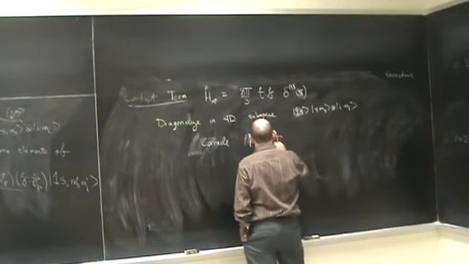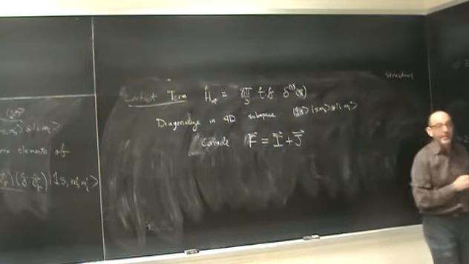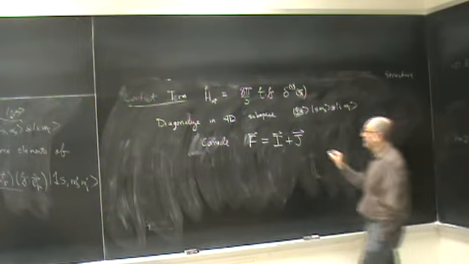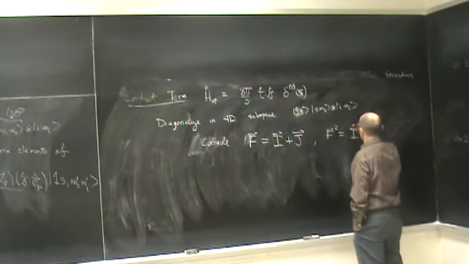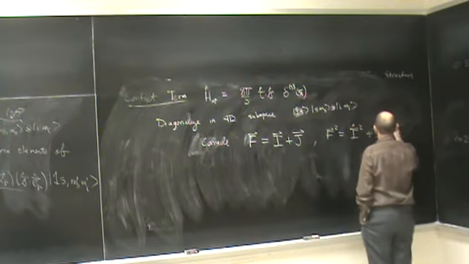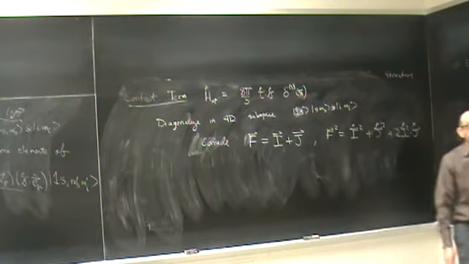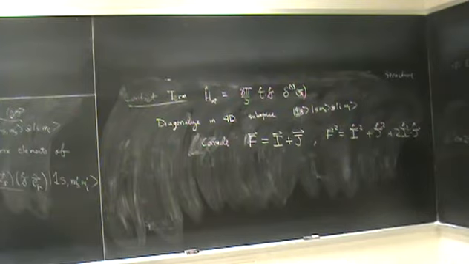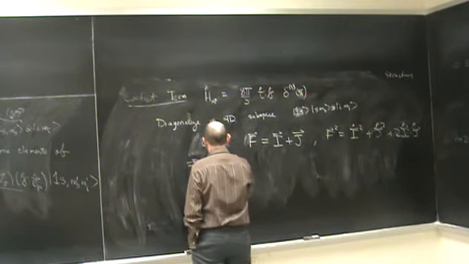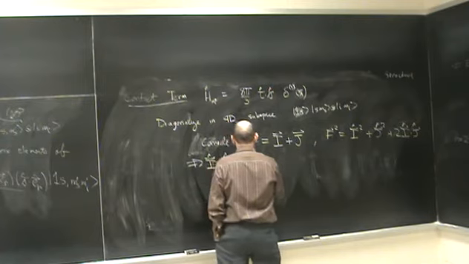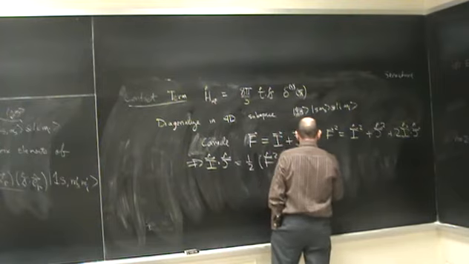F is I plus J, right? That's what we said is the total angular momentum. F squared is I squared plus J squared plus 2 I dot J. So that means that I dot J is 1/2 (F squared minus I squared minus J squared).